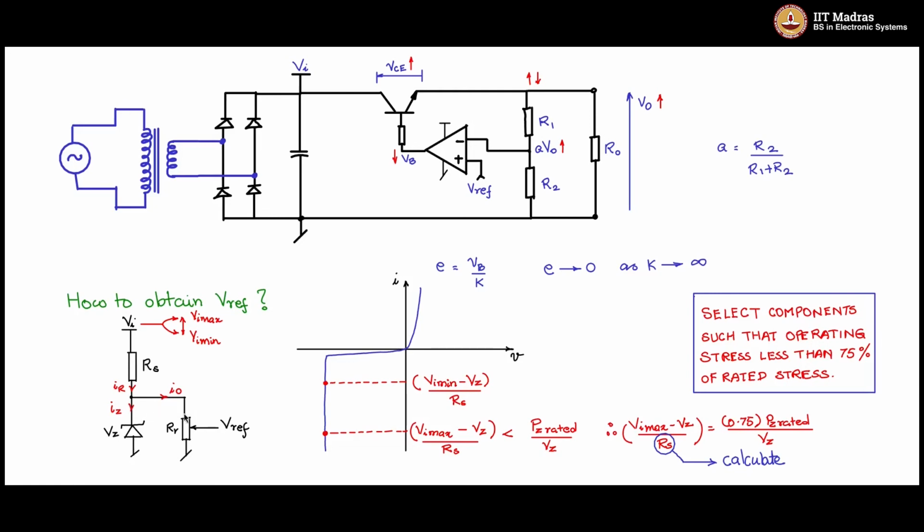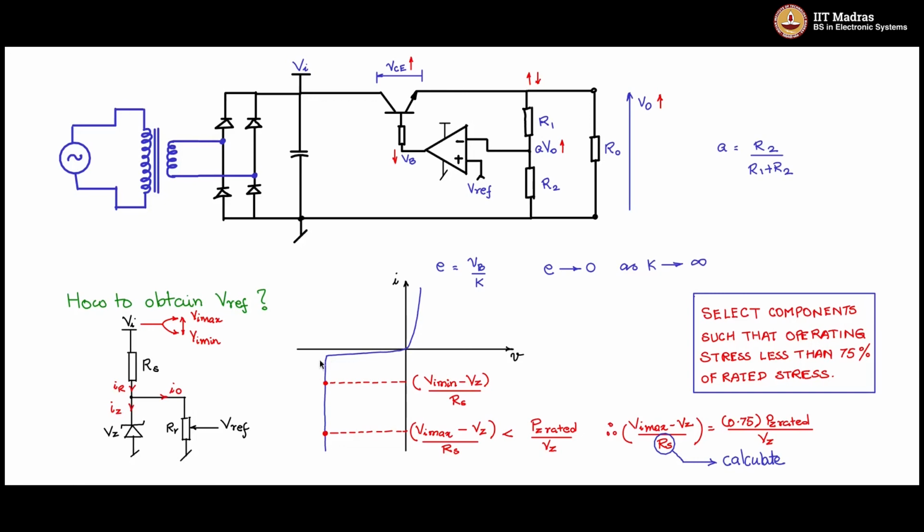However, if you want to use Rr, a portion of the current will get diverted through Rr, that is I naught. So Iz plus I naught will be IR.